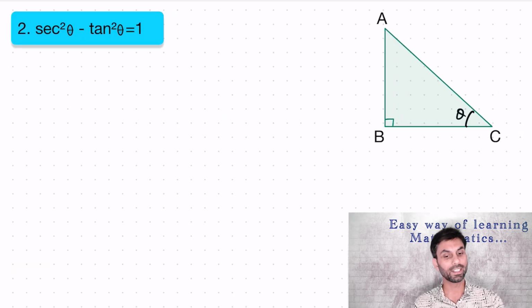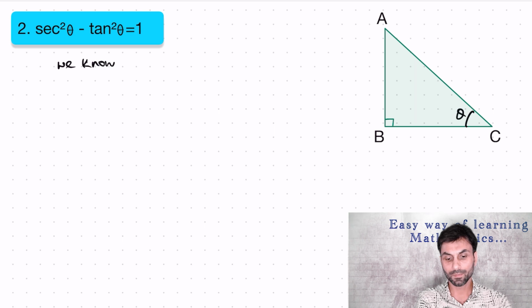Now let's prove the second identity, which is sec square theta minus tan square theta is 1. In order to prove this identity, we are going to take the same Pythagoras theorem statement and write that we know AB square plus BC square equals AC square.